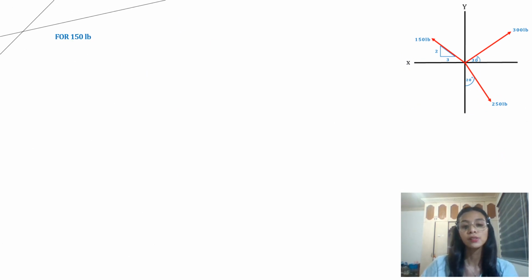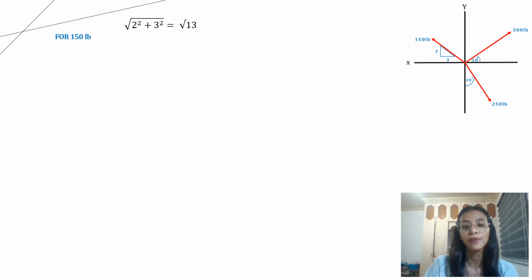For force 150 pounds, we have to solve first the hypotenuse of 2 and 3, which is square root of 2 squared plus 3 squared is equals to 13, is equals to square root of 13.